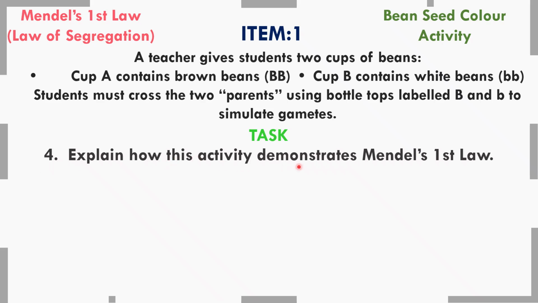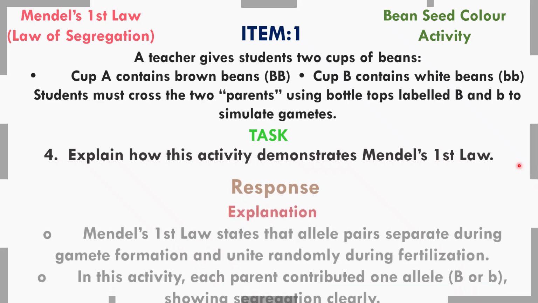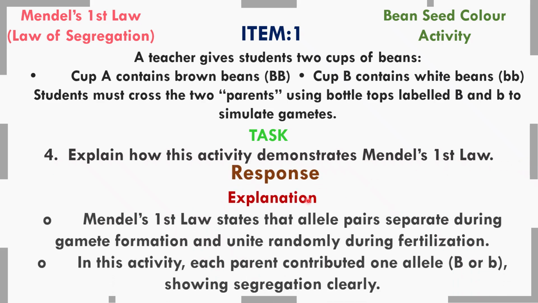Explain how this activity demonstrates Mendel's first law. Explanation: Mendel's first law states that allele pairs separate during gamete formation and unite randomly during fertilization. In this activity, each parent contributed 1 allele, capital B or small b, showing segregation clearly.